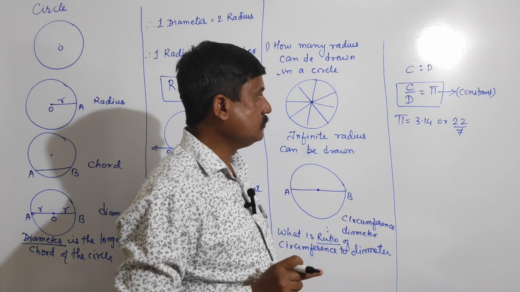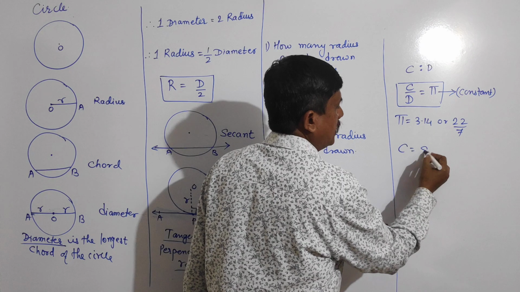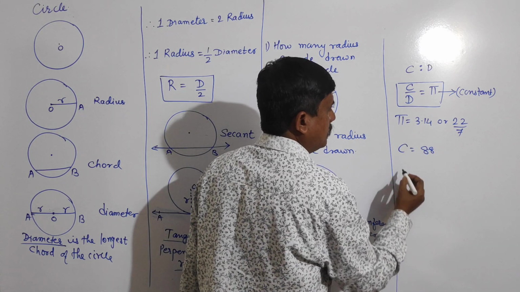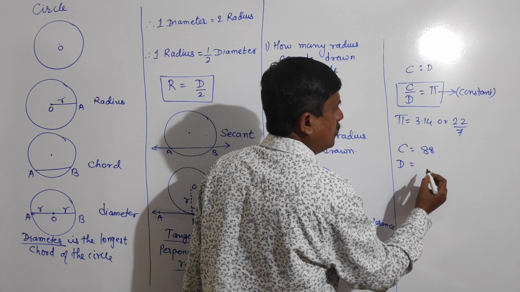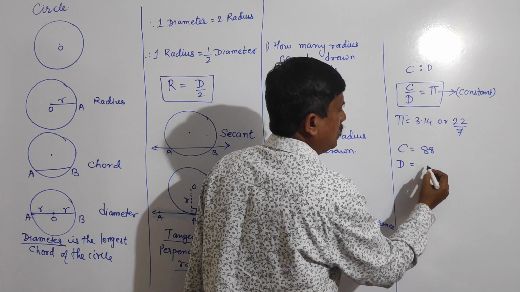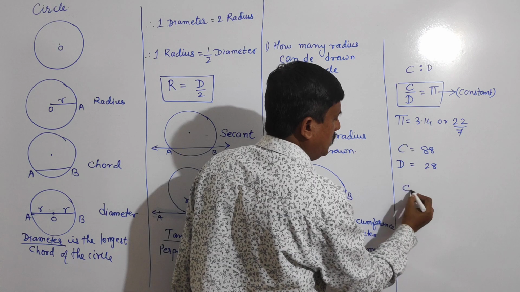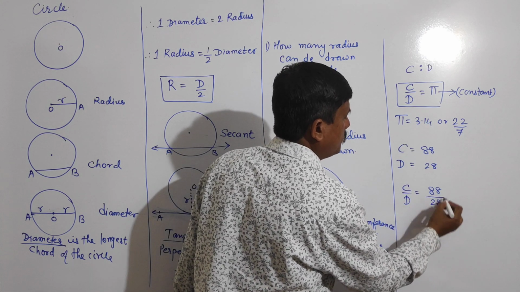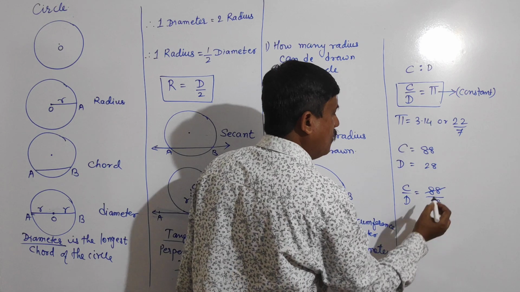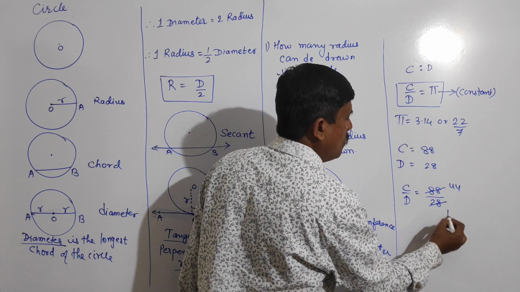If I say circumference is 88 and diameter is 28, then if you divide this C by D, 88 upon 28, it will go in the table of 2. How many times? 44 times. Again it will go in the table of 2, 14 times.